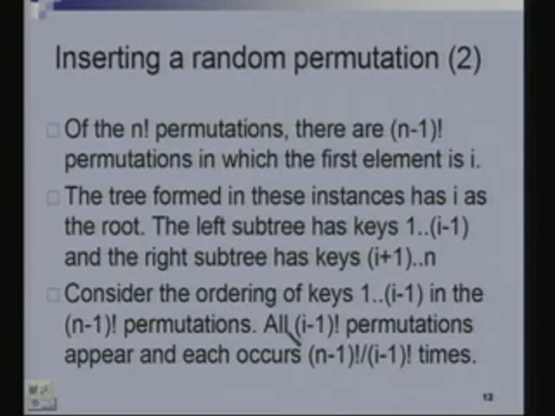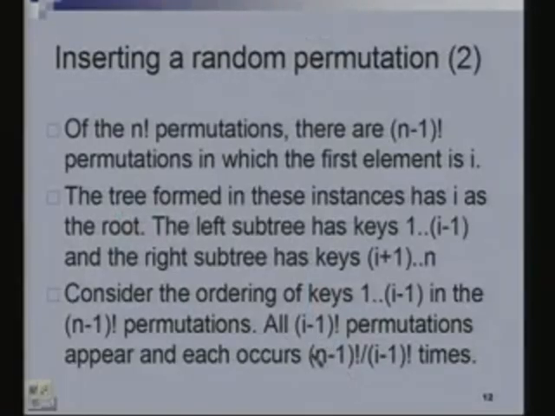There are n minus 1 factorial permutations in all, and there are I minus 1 factorial permutations of these elements 1 through I minus 1, and there is no reason why one of those permutations should be more likely than the other. They will all occur the same number of times, it is symmetric after all. So, each permutation of these elements is occurring exactly so many times.